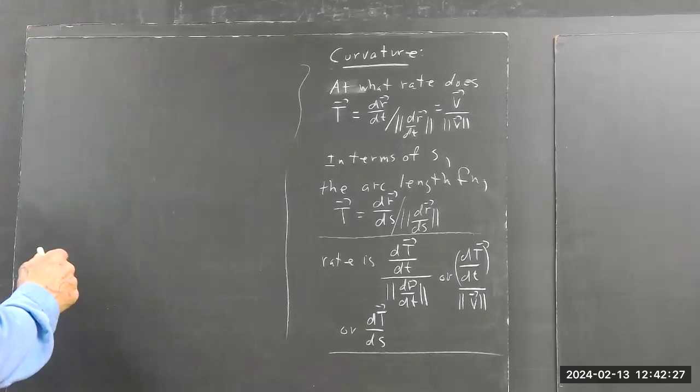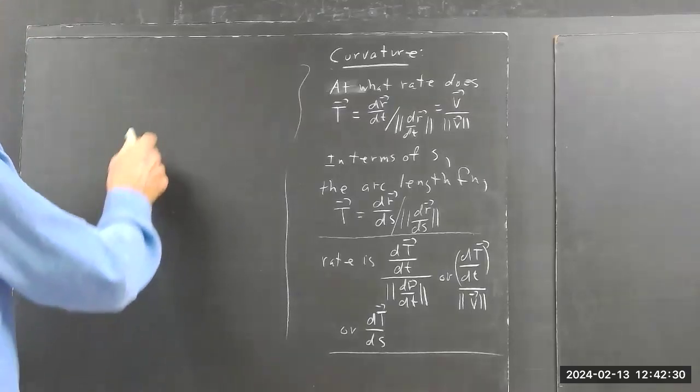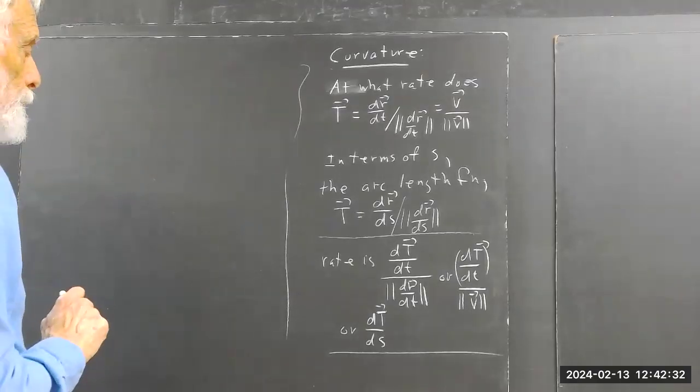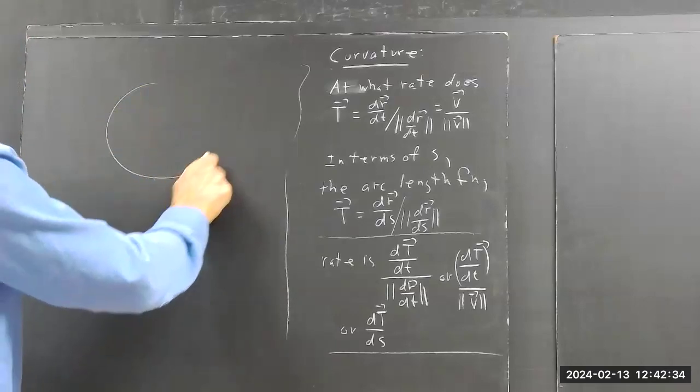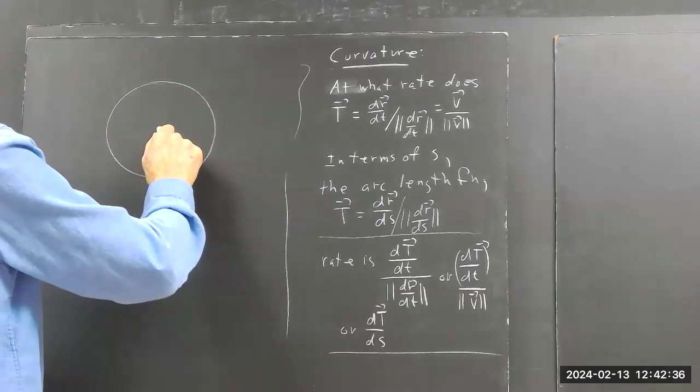Now, what's the curvature of a circle? Here we've got a circle with radius a.